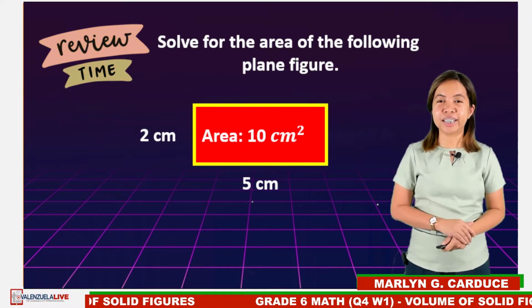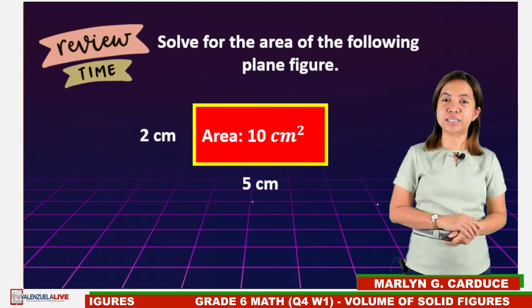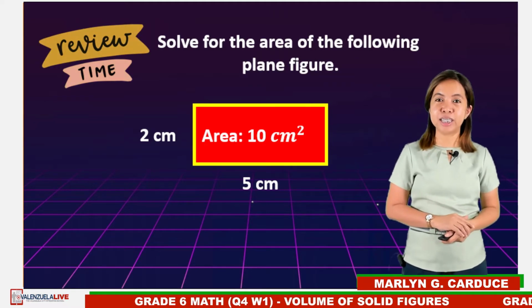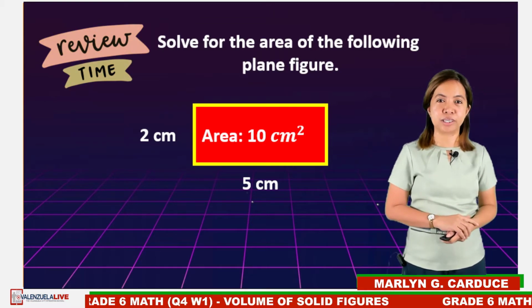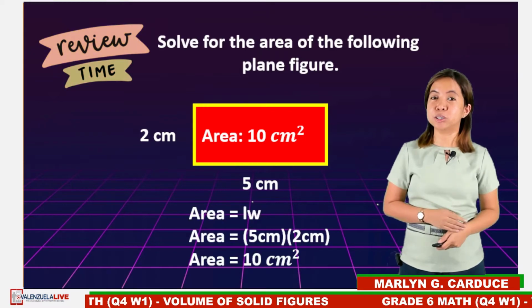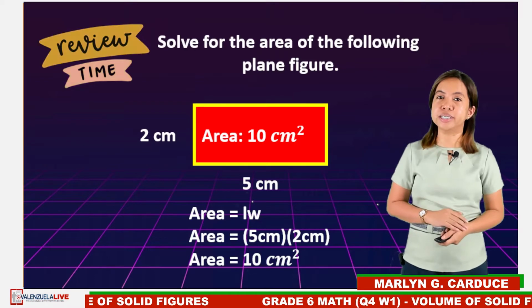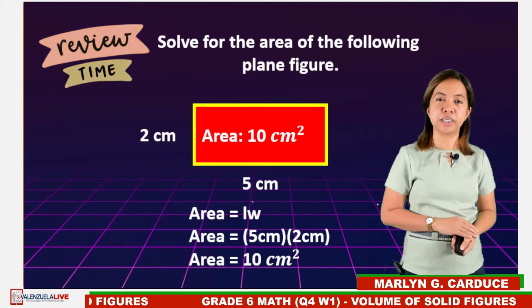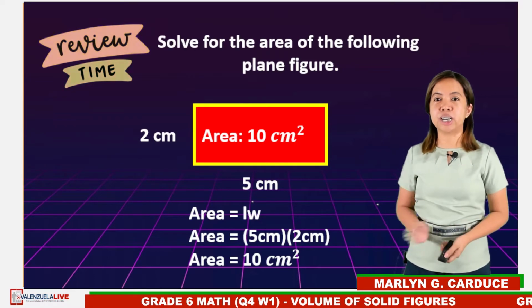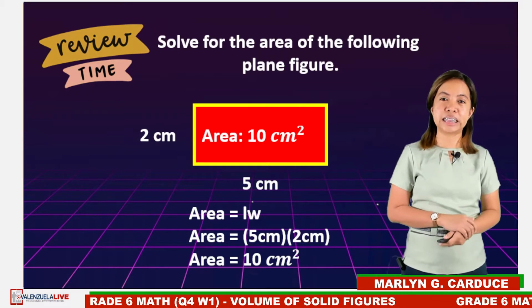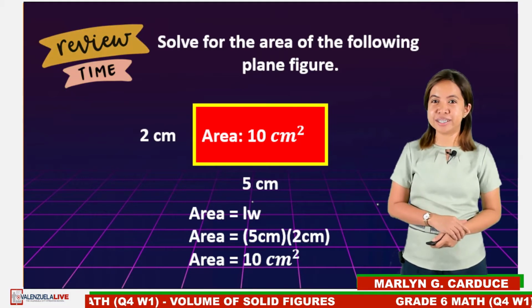Okay, very good. Again, the area for this rectangle is 10 square centimeters. All we have to do is multiply the length and the width. So 5 centimeters multiplied by 2 centimeters gives us the area of 10 square centimeters. Very good, Grade 6.